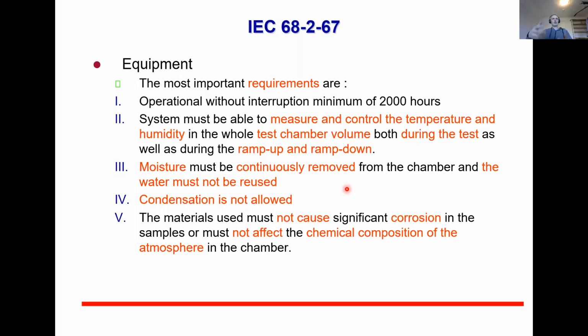A minimum of 2000 hours is a little bit more than 2 months. Why is this 2000? It's coming within the next few slides because we have one category of test which takes 2000 hours. Then the system must be able to measure, but also control the temperature and humidity in the whole test chamber, and also during the test ramp up and ramp down. So basically you need to monitor when the temperature and humidity are ramped up and ramped down.